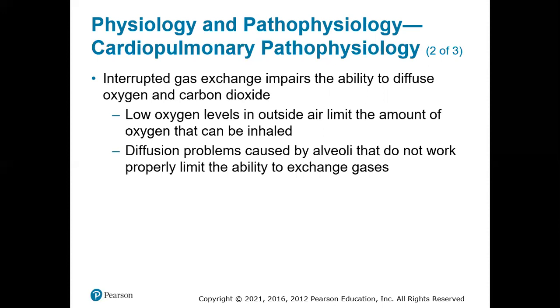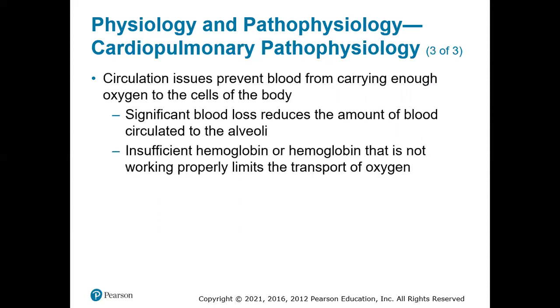The wildfires in California right now, I'm sure, are limiting it. Even normal air is 21% oxygen, and I'm guessing it's lower than that in the areas that have been hit by fire. Then there are diffusion problems, where something is going on in the diffusion, whether it's pulmonary or cellular. The alveoli don't work properly, and therefore they're compromised, so they can't do that gas exchange adequately.